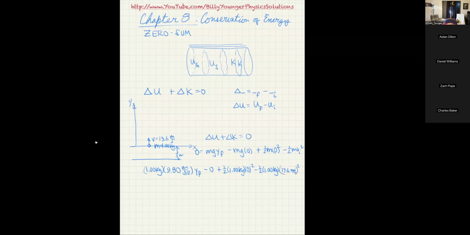Now we're going to square that, and everything's equal to 0. You can already see that that 0 and that 0, we didn't really need those. I just was being complete.